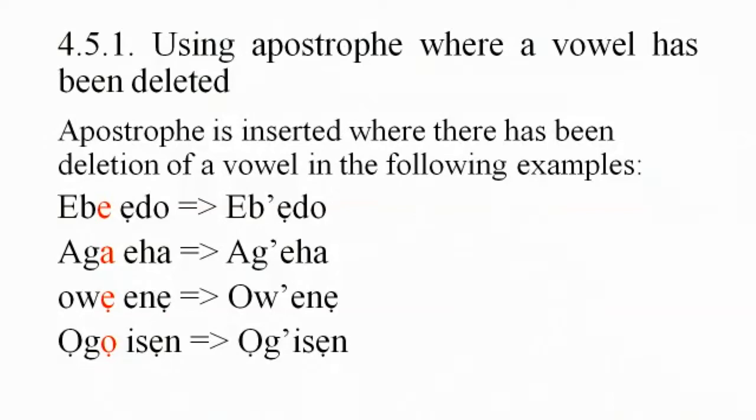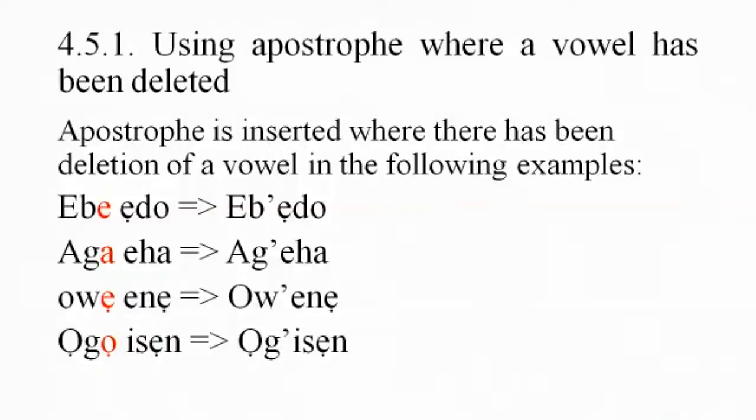So the ones there in red are the vowels that are going to be compulsorily elided. So when you are writing them in running speech, you must place an apostrophe at the place where that particular vowel has been elided or deleted.